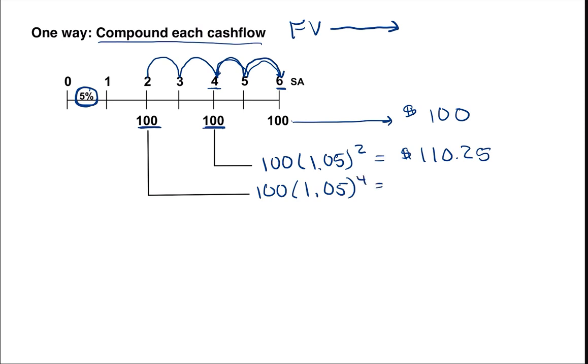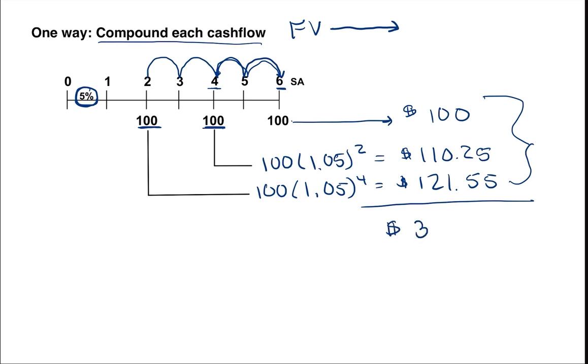And when I do that, I get $121.55, and I want to add these 3 values to get my total future value, which is $331.80.